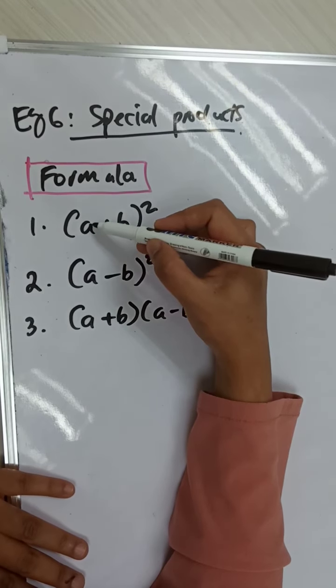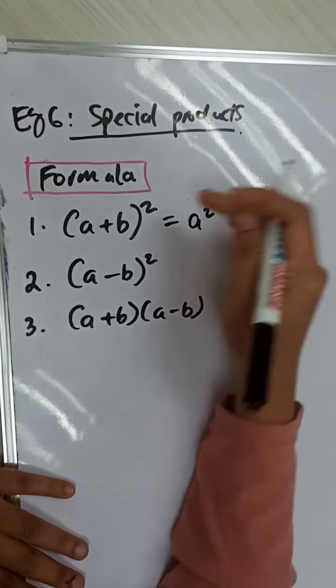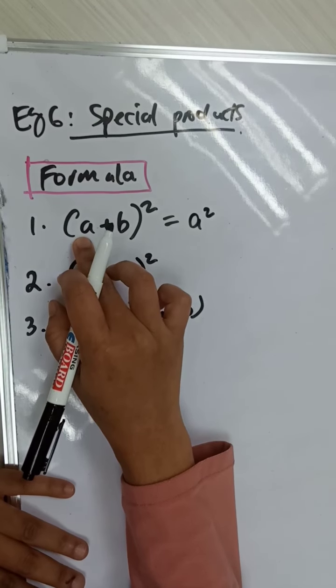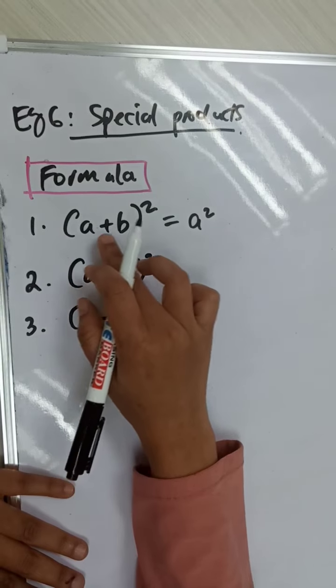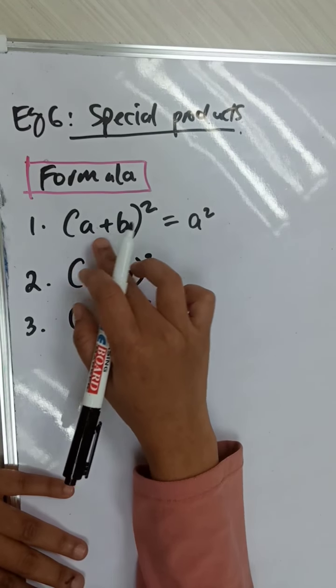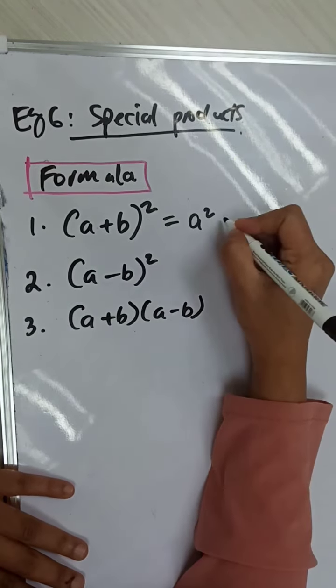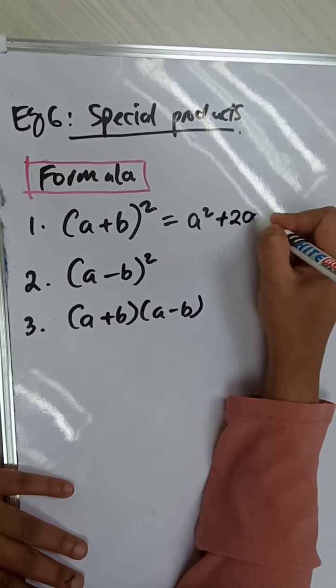First we write a square, the first term, and then second you have to multiply all numbers. A multiply b, we get ab, and then multiply by 2, we get plus 2ab.